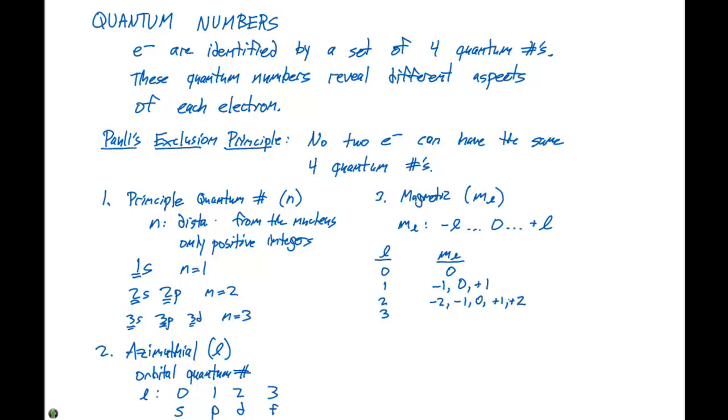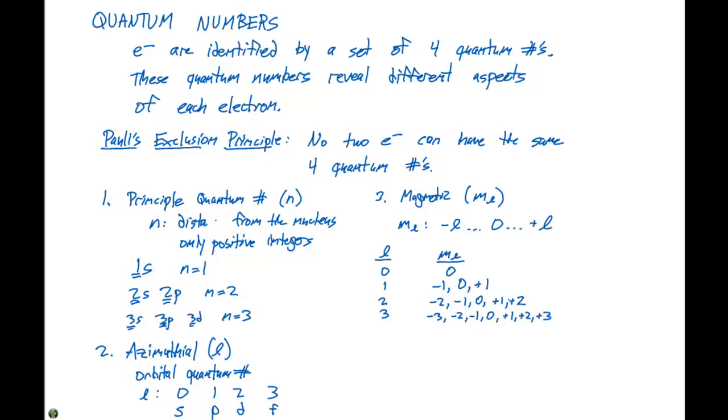The l value is 2, and m sub l can range from -2 to +2. If we're in an f orbital, the m sub l values range from -3 to +3. Note that the m sub l values are also integer values.